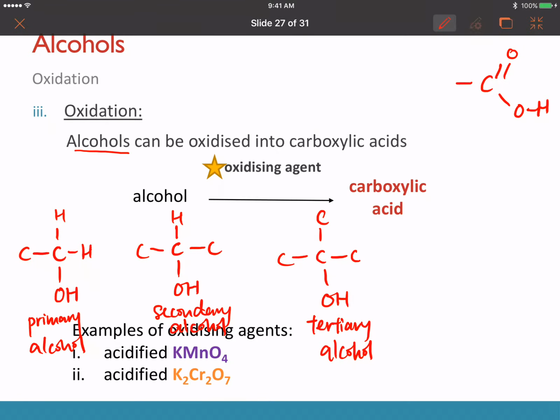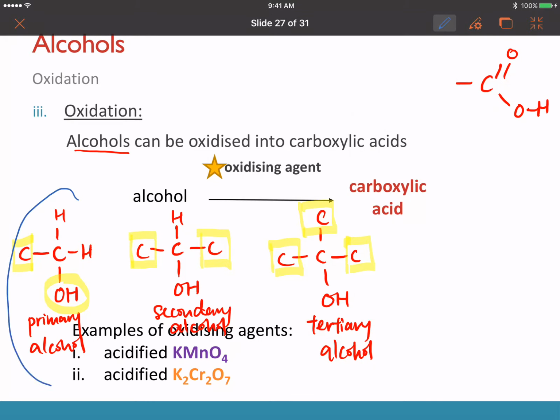Okay, sounds very confusing, huh? So again, if the carbon that the hydroxyl group is attached to is only attached to one other carbon, it is a primary alcohol. If it is attached to two other carbons, it is a secondary alcohol. If it's attached to three, then it will be a tertiary alcohol. So, of these three types of alcohol, which is the one that will give me a carboxylic acid?